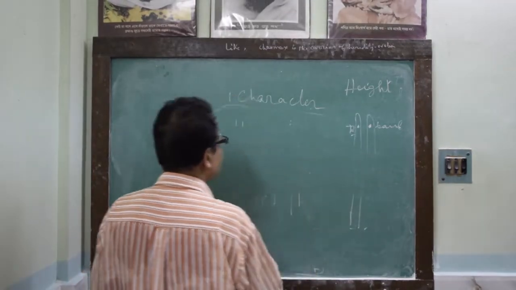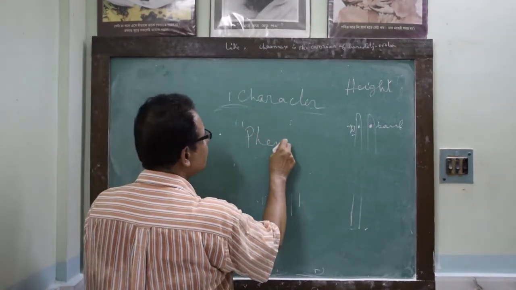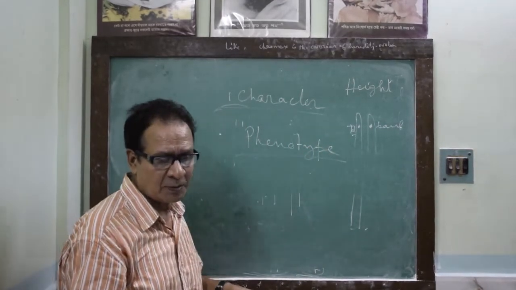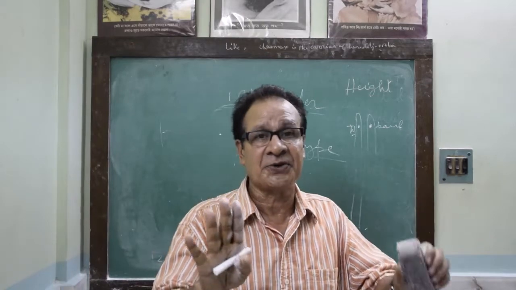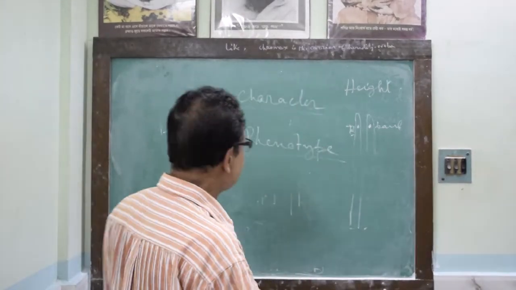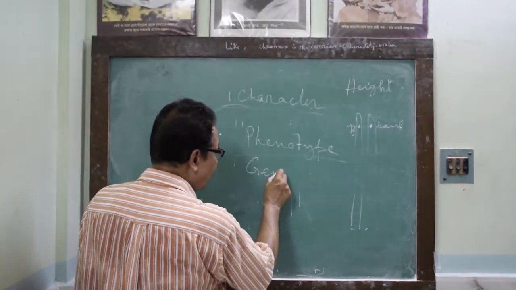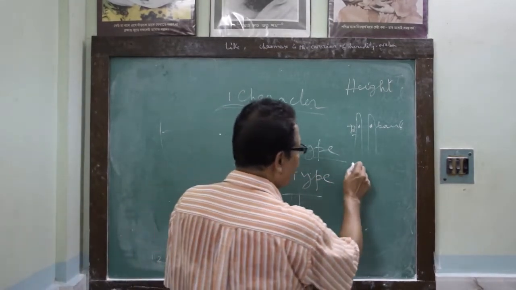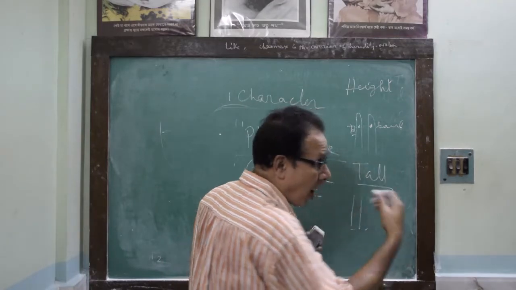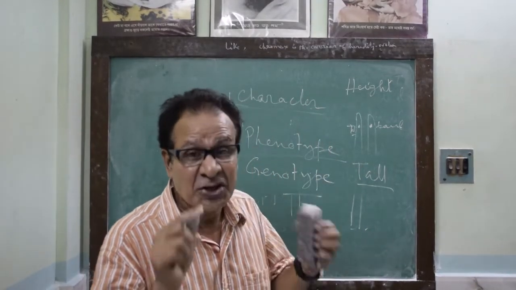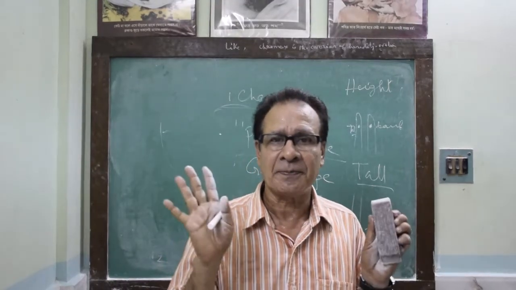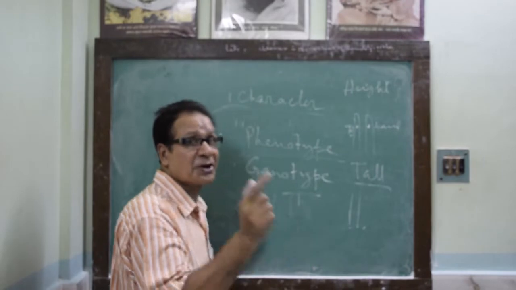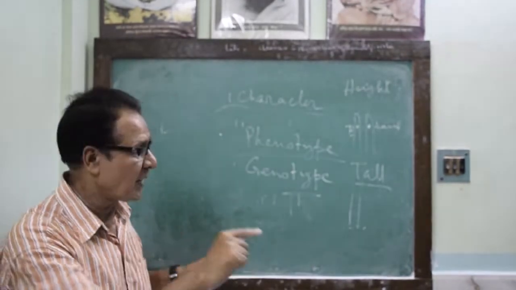Phenotype and genotype. The externally manifested character of an organism is the phenotype, that which we see from the external feature. But the genetic combination of the character is the genotype. For example, tall, dwarf, black, white, these terms are phenotype. But for tall, which genes are present in the allelic pair?